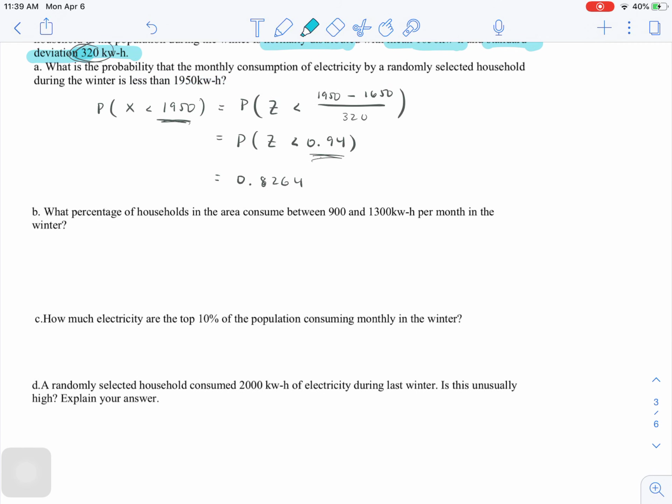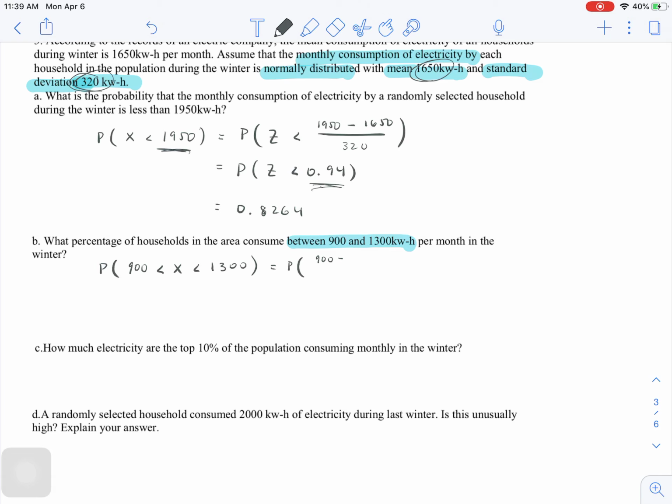Part B. We want to find the percentage of households that consume between 900 and 1,300 kilowatt hours per month. In other words, what's the probability that our random variable is between 900 and 1,300? So I'm going to convert 900 and 1,300 to z-scores. 900 minus our mean, which is 1650, divided by our standard deviation.